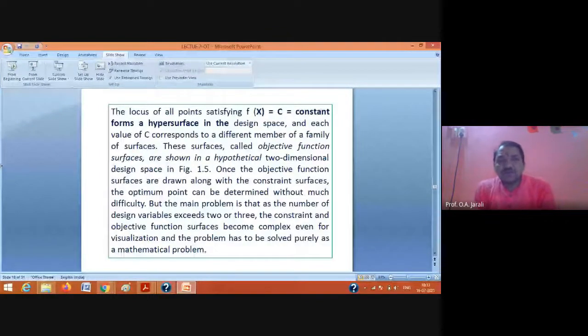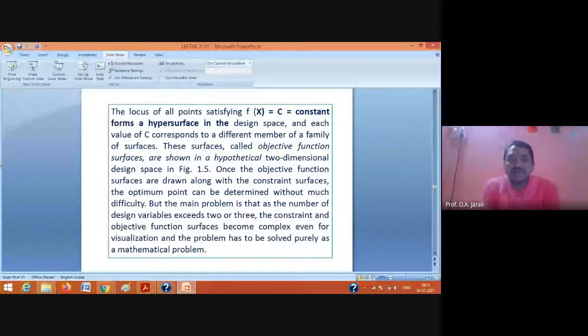The locus of all points satisfying f(x) = c, a constant, forms a hypersurface in the design space. Each value of c corresponds to a different member of a family of surfaces. These surfaces are called objective function surfaces. In the next figure we'll see that. Once the objective function surfaces are drawn along with the constraint surfaces, the optimum point can be determined without much difficulty.